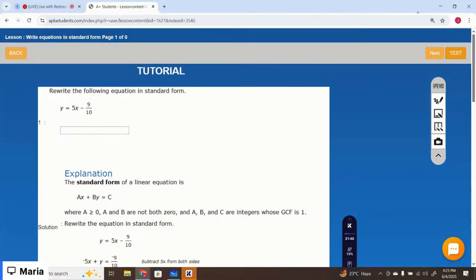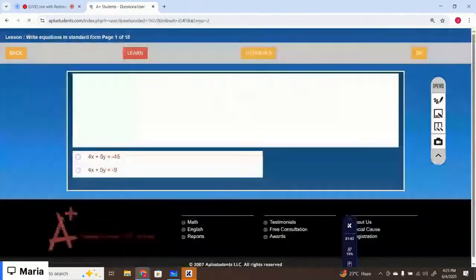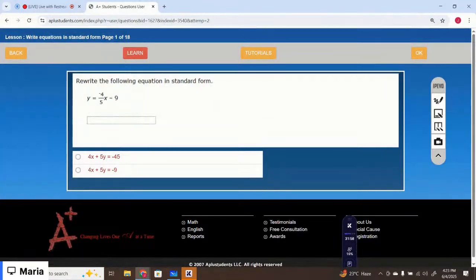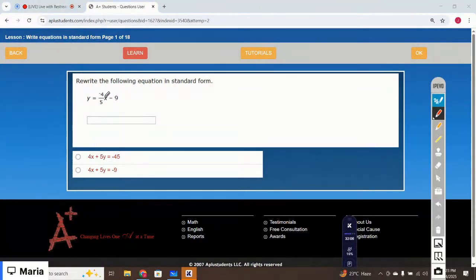Let's just start with the test questions. Rewrite the following equation in standard form. y equals negative 4 by 5x minus 5. Let's multiply the equation by 5. That is 5y equals negative 4x minus 45.